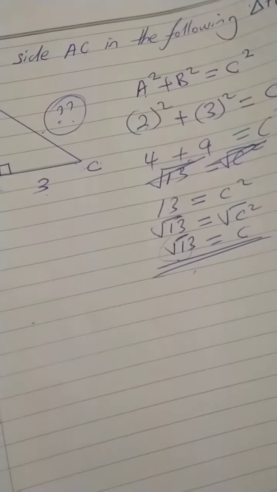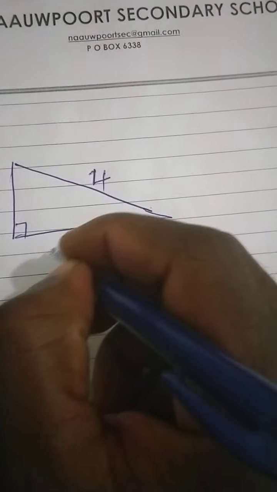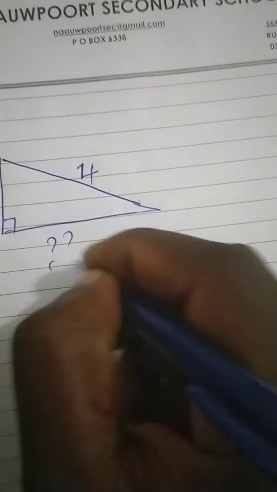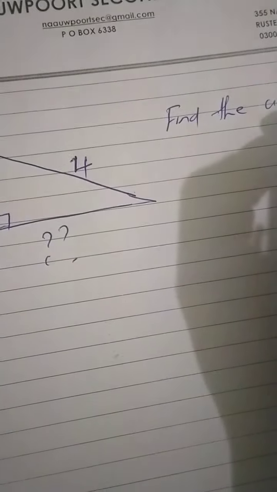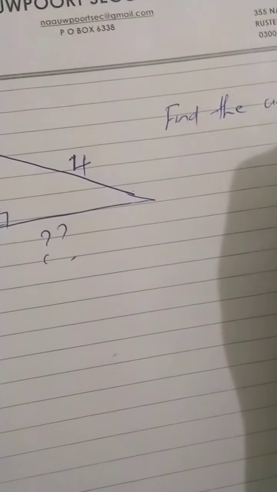So in the next one, let us do one more example. If you are given a right angle triangle in this fashion, and then you are given, let's say, 1 here, 4 here, and then here you are given 1, and this side we don't know, and then they say find the unknown side.